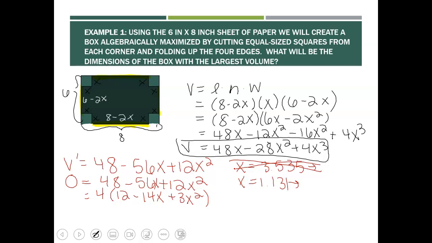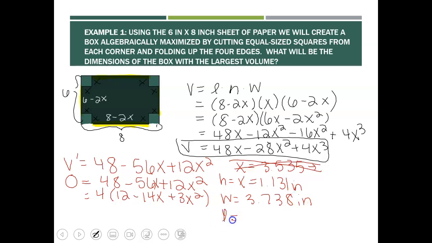So now we get that the height is 1.13 inches. The width is 6 minus 2 times 1.131, or 3.738 inches.